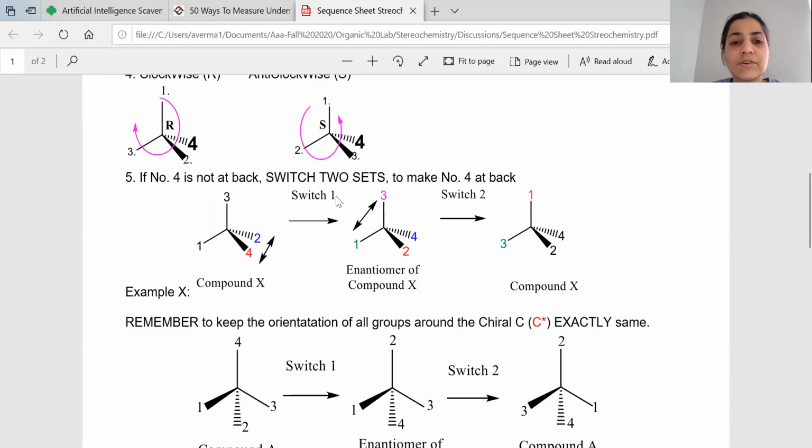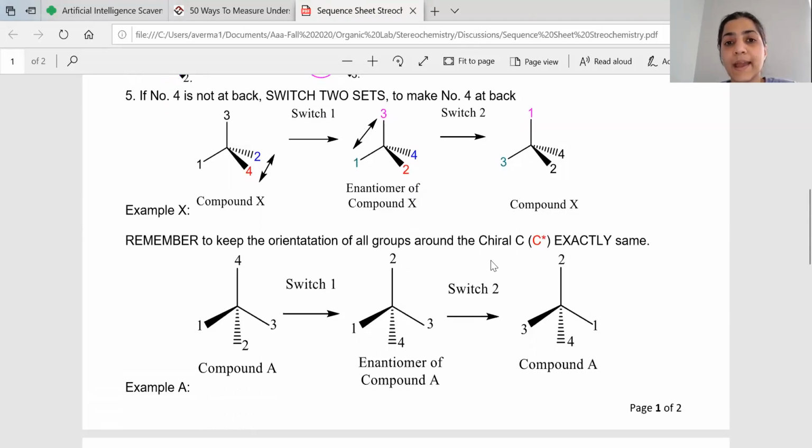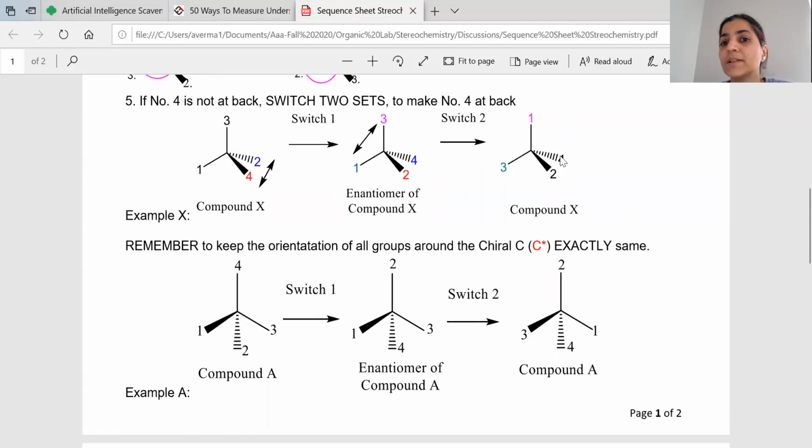Once you have made your first switch, your number 4 going at the back, the next you can make any switch. You can switch 2 and 1, you can switch 2 and 3, and you can switch 1 and 3 as I have switched. This will help you take your number 4 at the back and then figure it out again.